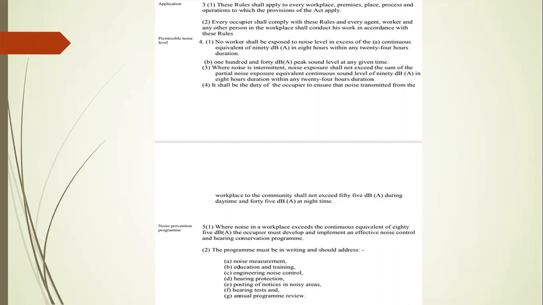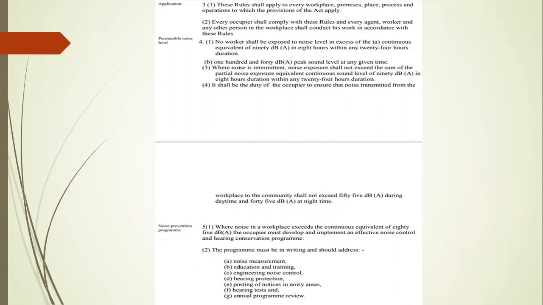Any worker who is continuously exposed to more than 90 decibels in an 8-hour shift within a 24-hour period, or a worker who is exposed to 140 decibels at any given time in the course of a 24-hour period, if any workers are under either of these two conditions, then the organization or the company is obligated to establish a noise prevention program.